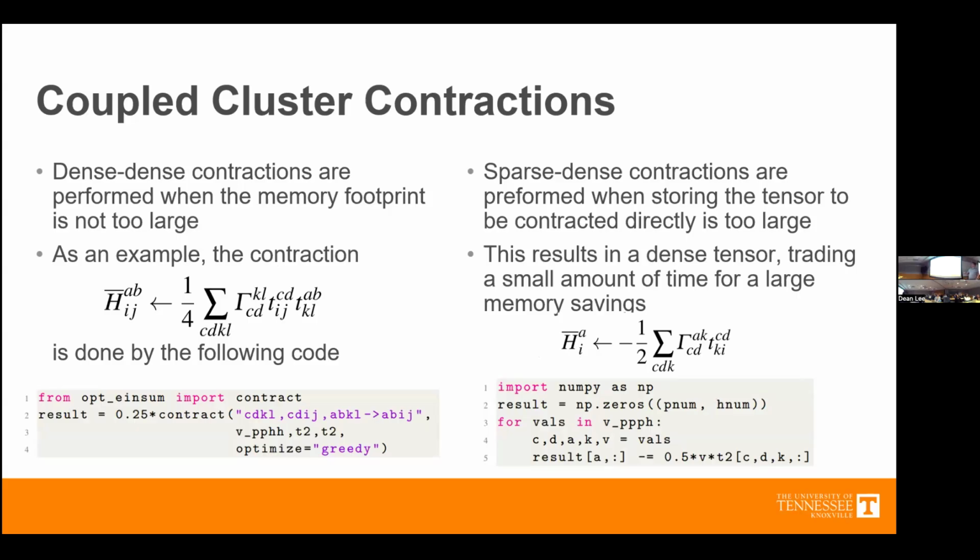We have two different types of contractions here, some between two dense objects and some between a sparse and a dense object. One of these dense-times-dense contractions looks like this, and this can just be done with a simple einsum. But if we have a sparse-dense contraction, because storing the intermediate tensors is too large, we loop over the non-zeros. This trades a small amount of time for a lot of memory.